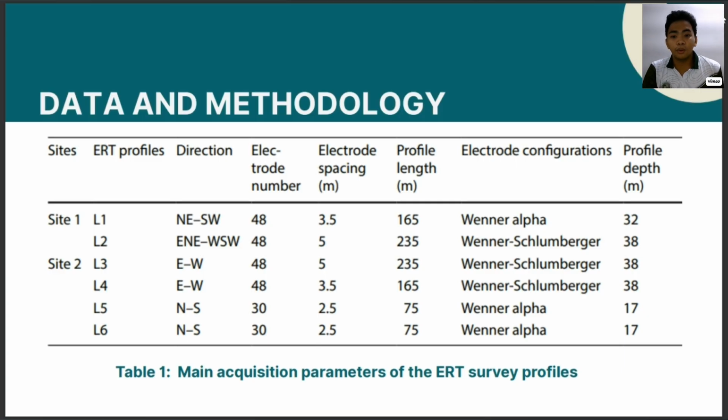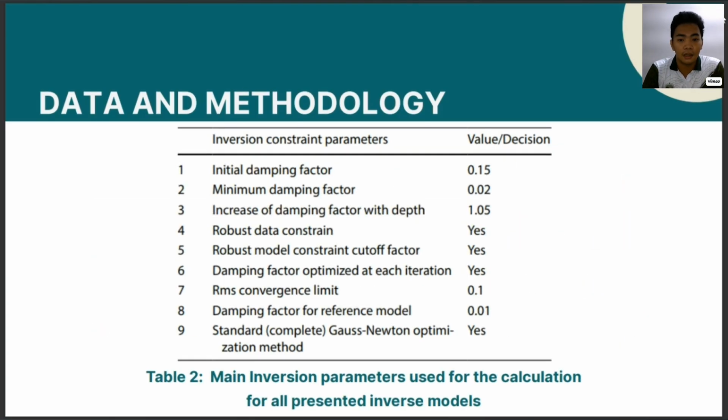In Table 2, we can see a list of key inversion parameters used during the processing of the electrical resistivity tomography data. These settings include factors such as the initial and minimum damping factors, robust data and model constraints, and the convergence limit of the root mean square error.